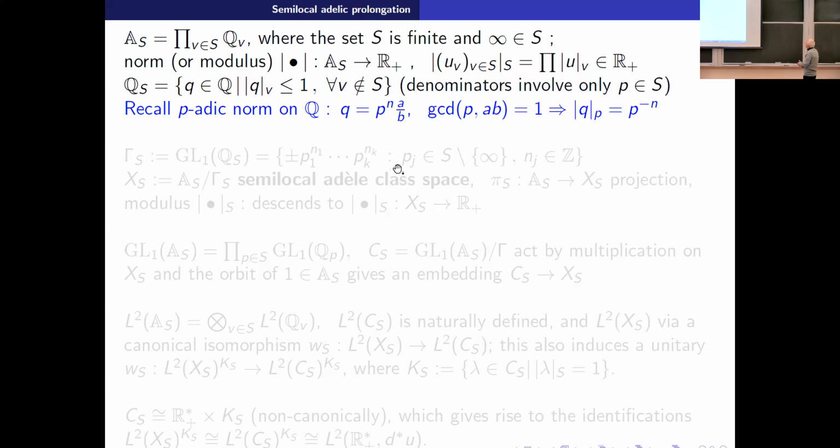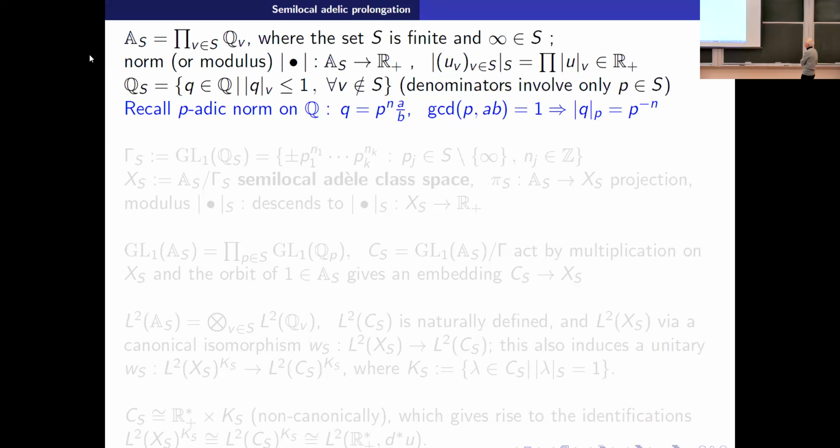So you take a finite number of primes in everything which follows, this finite set S of primes will always contain infinity, except when in some formulas we want to remove it. Now at each place you have a norm or modulus, which can be extended to the semilocal product in the absolutely natural, normal way.